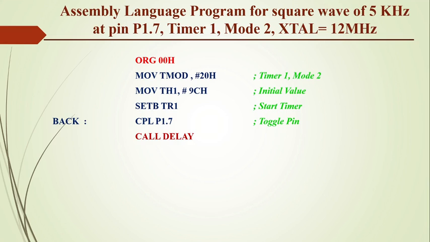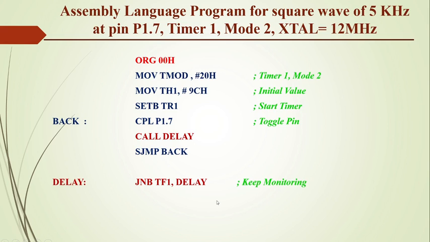After starting the timer, we are complementing the pin P1.7 and we have called the delay subroutine. So in delay, we just have to wait for the overflow. So here the instruction is given JNB TF1, delay. If the TF1 bit is 0, then jump to the given location, that is delay. That means we have to remain over here. We have to wait for the overflow.